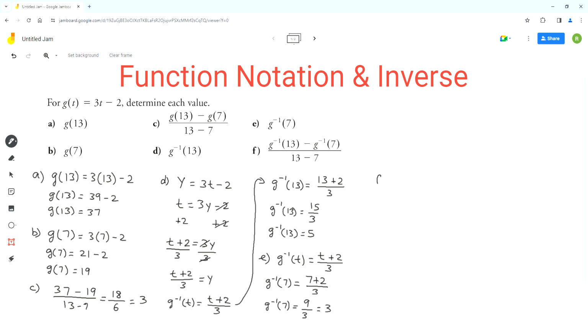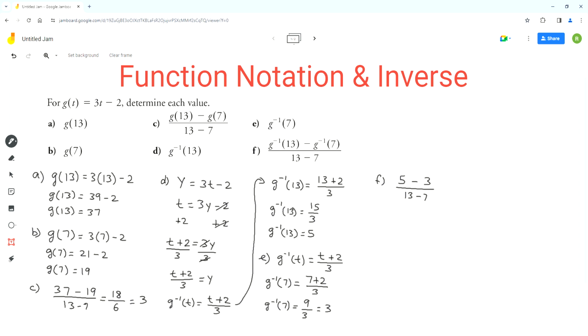Now we can solve part F. In part F, we have to use the values of the inverse of g at 13 and the inverse of g at 7 to evaluate this expression. We know that the inverse of g at 13 is equal to 5. We got the answer in part D. So in the numerator, we'll do 5 minus the inverse of g at 7, which is equal to 3, over 13 minus 7.